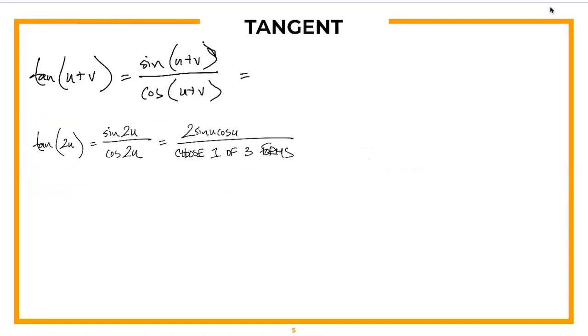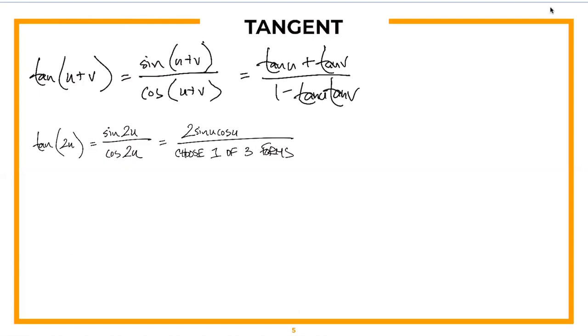But what was the other form of the tangent sum formula yesterday? Anybody remember? Tan U plus tan B over 1 minus tan U tan B. Good, thank you.